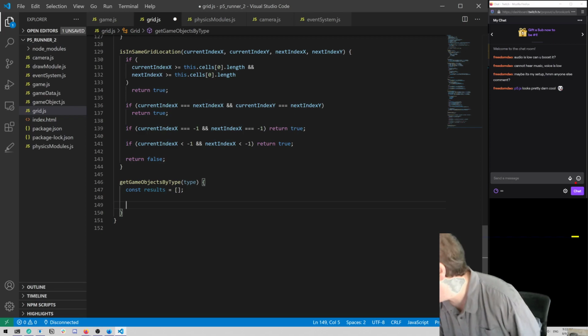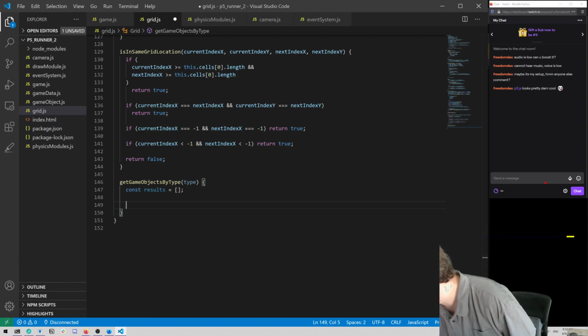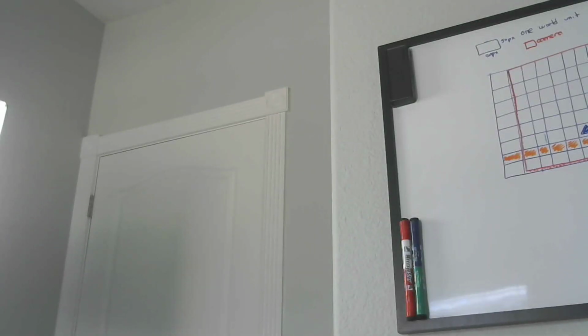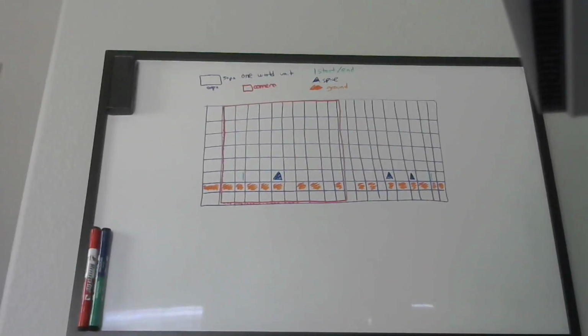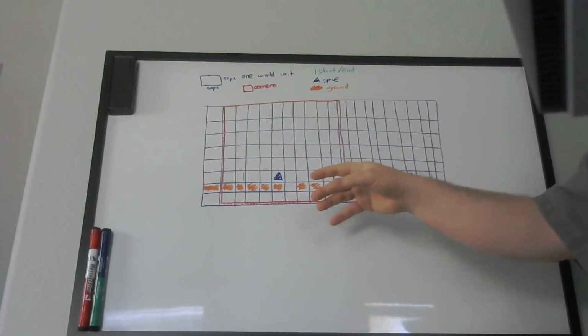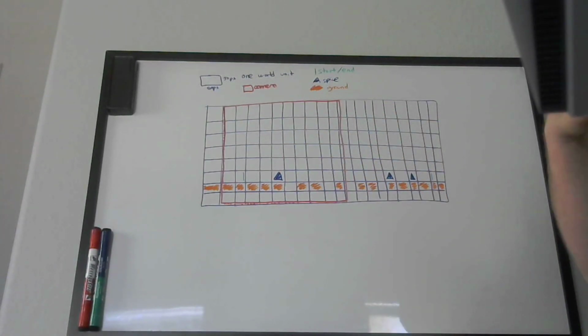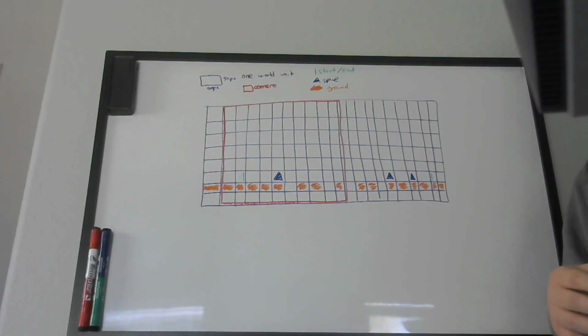And let's switch to the whiteboard. There, that's better. Okay, so this is basically what we have: the grid, and each one of these cells is an object that's storing all these things by ID. And we don't really know what the player is.